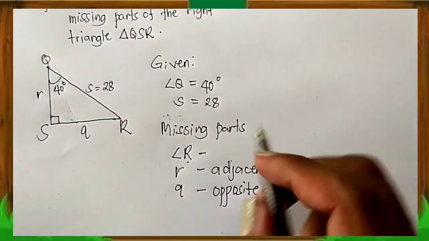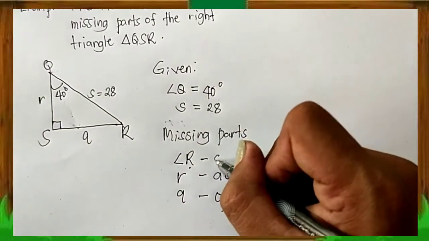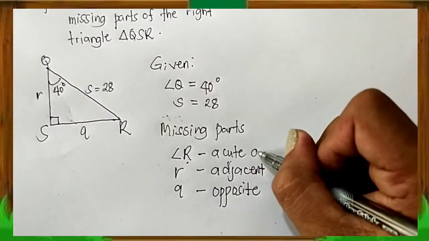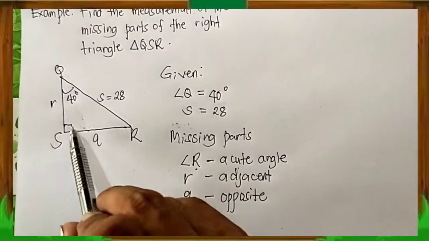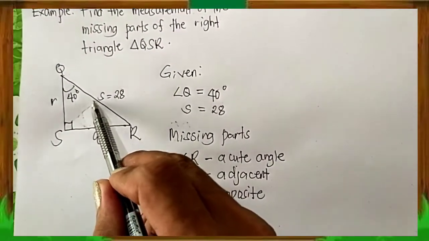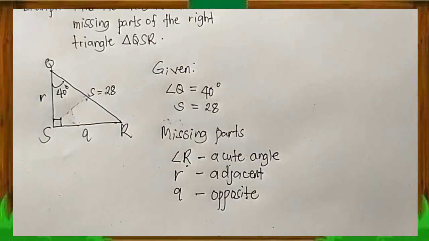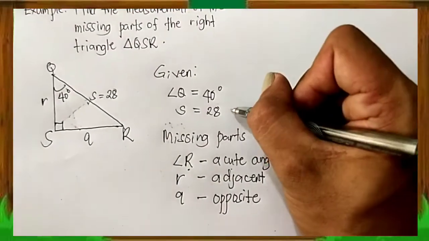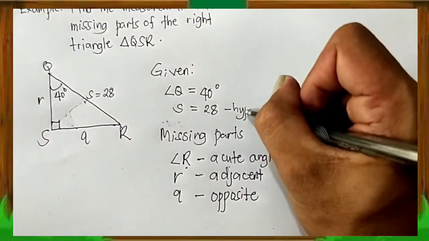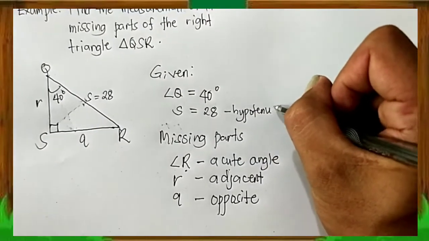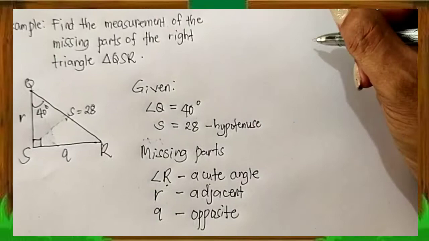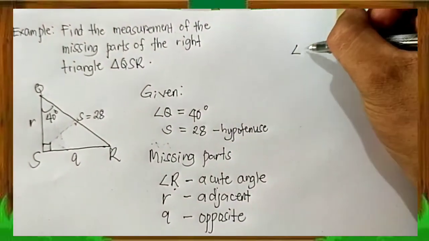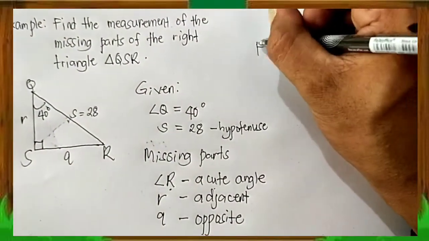And angle R is one acute angle. And always, opposite the right angle is the hypotenuse. S is our hypotenuse.